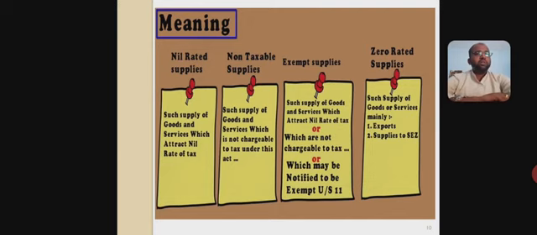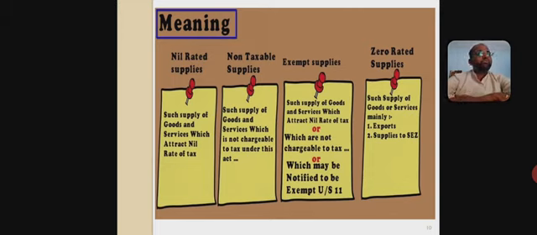Then the last one, zero rated supplies. Zero rated supplies are such supply of goods or services mainly export oriented, or supplies of goods or services or both to special economic zone, or any supplies of goods or services or both to SEZ developers.